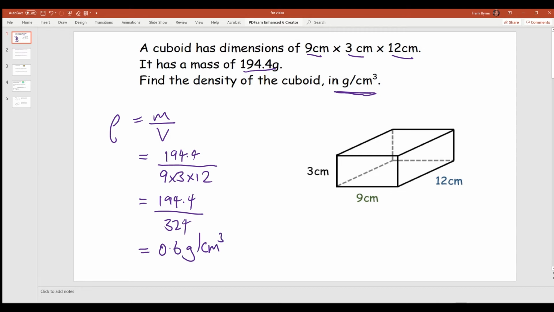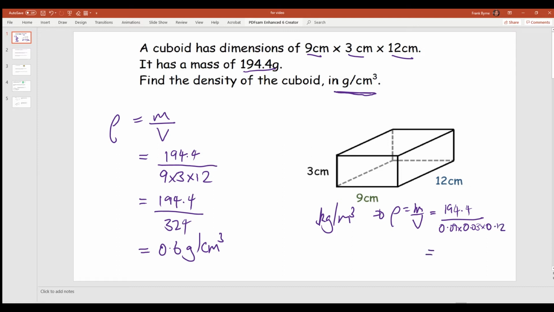Now it doesn't ask me to do it in SI units, which is kilograms per meter cubed, but I will just do it here. To get into kilograms per meter cubed, the easiest way is to do density equals mass over volume, but this time change to meters first before you put the numbers in. So it's 194.4 divided by 0.09 times 0.03 times 0.12.